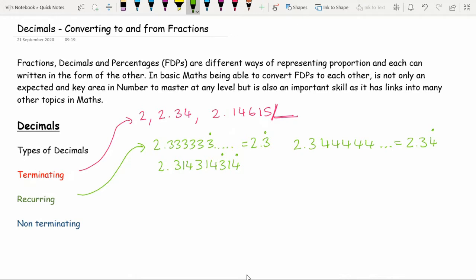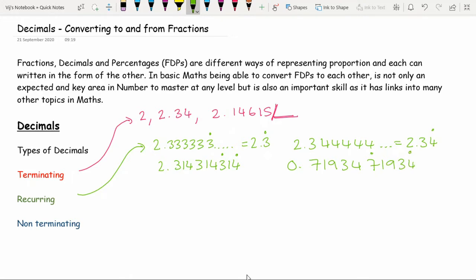And you can also have ones where you've got 0.719344719934, and that continues. So again, I can write it as such.